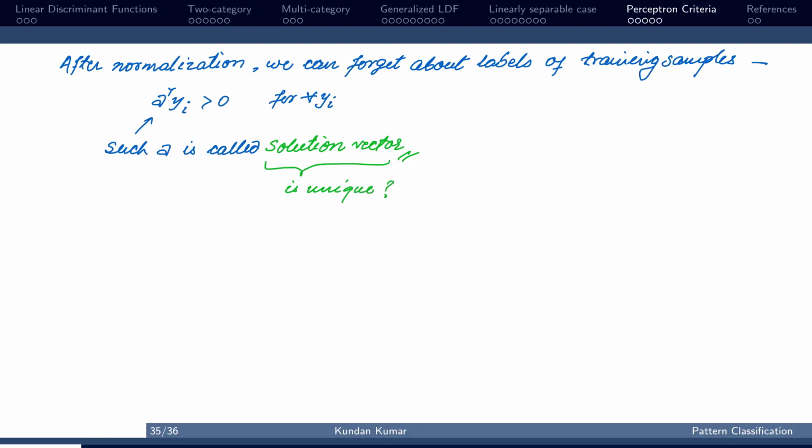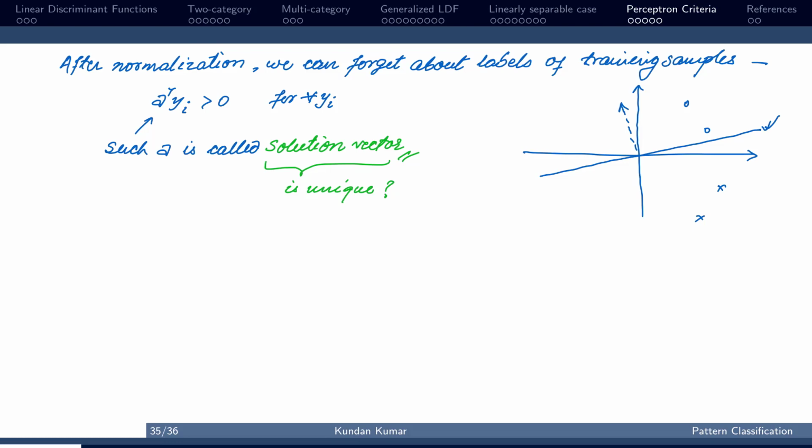Try to understand here that we have data samples in the feature space from two different classes, then we have this decision boundary, and perpendicular to this is the solution vector, that is A. Is this the single boundary which will separate these data points from the different classes?